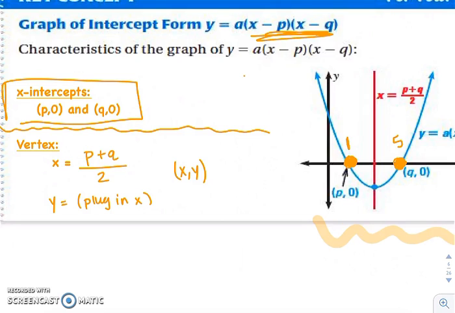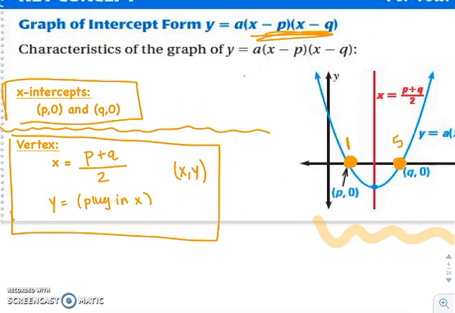So you can physically look at it and find the middle, or what we do is plug it in. And that's what this over here on the left is telling you to do to find the vertex. So say it was 1 and 5. 1 plus 5 is 6. 6 divided by 2 is 3. So this axis of symmetry is in the middle. It's the average.